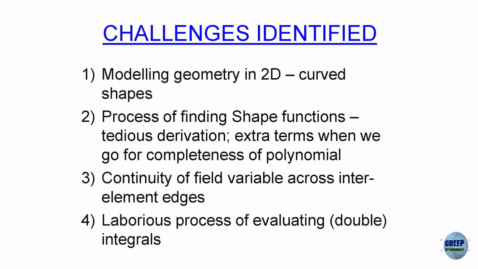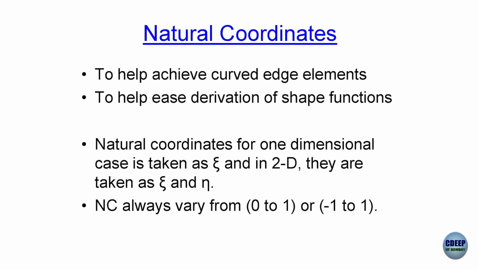So, we proposed natural coordinates as a means of addressing all these challenges. Of course, natural coordinates by themselves would not be able to solve all of them, but they give us a platform based on which we can build solutions. So, you should see it in that way.